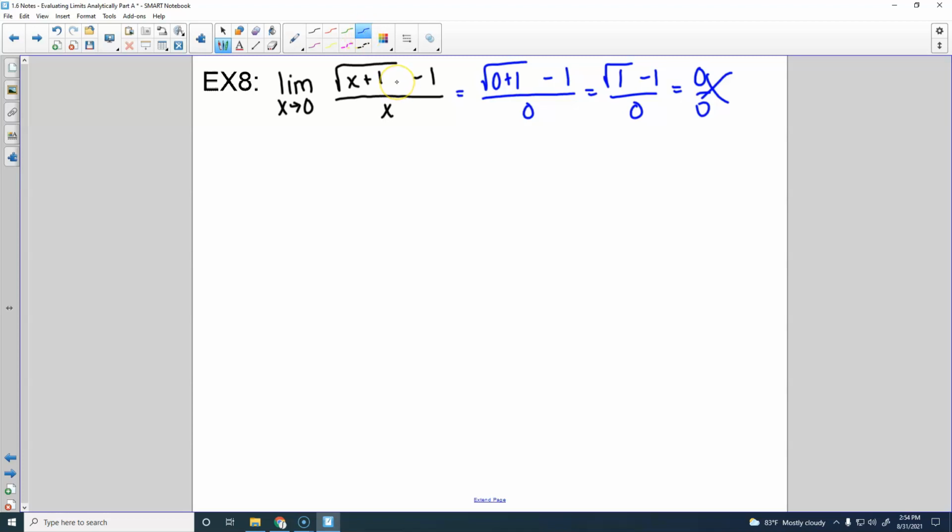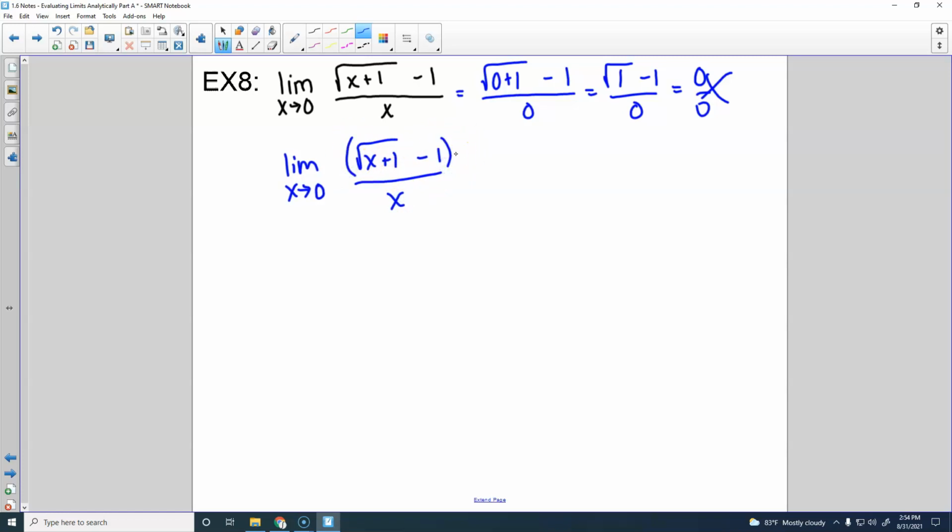So what we're going to do here, we've got a square root in the top. We want to get rid of the square root in the numerator this time. So we're rationalizing our numerator instead of our denominator here. Now, it doesn't matter whether it's numerator or denominator. Pretty much wherever your square root is, you need to try to get rid of it. Right? So, I'll rewrite this. I've got square root of x plus 1 minus 1 over x.